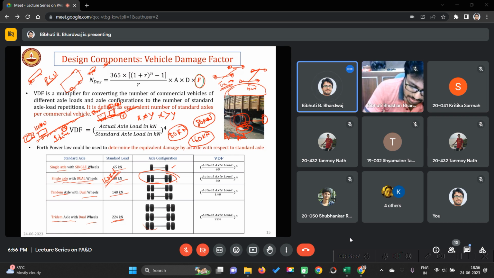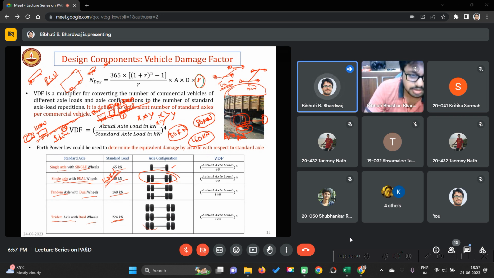That means it needs more vehicles to go over the pavement. In order to make X equal to Y, more vehicles of 80 kilonewton need to go. I am saying that 2 is not enough.